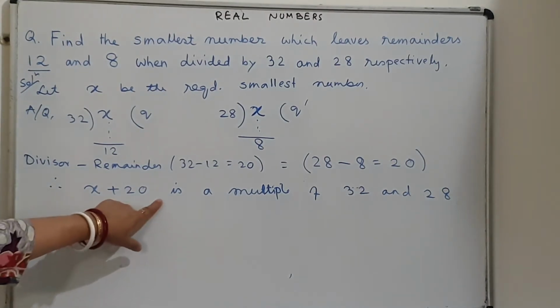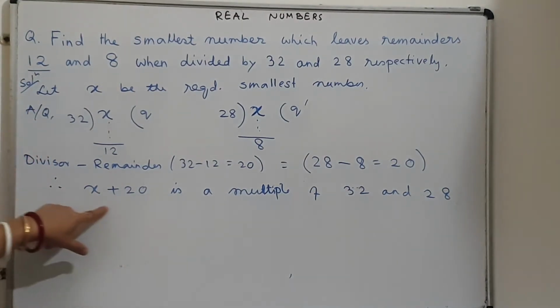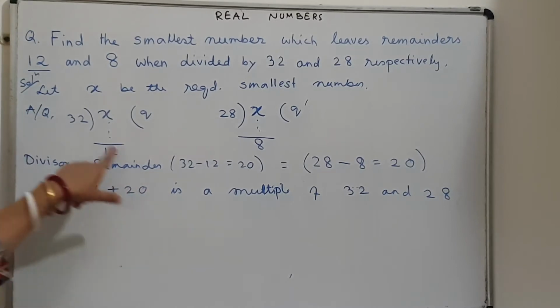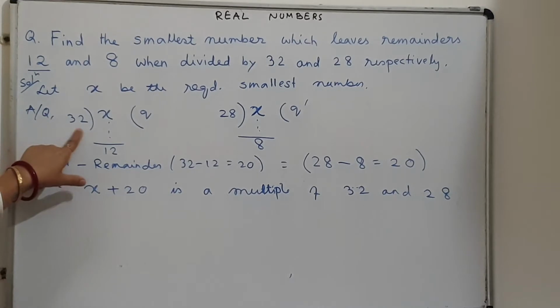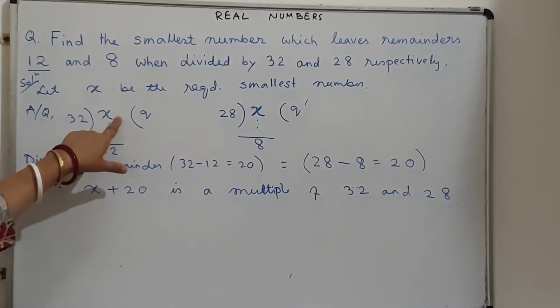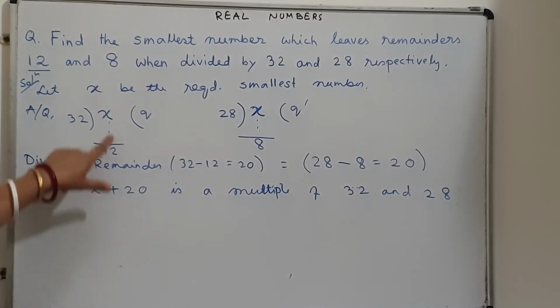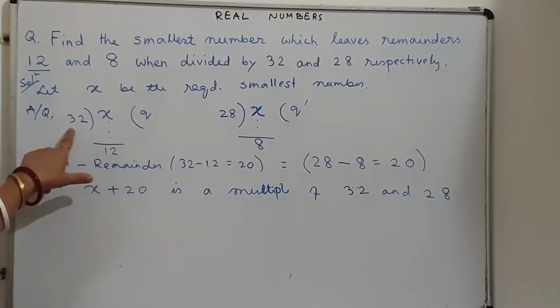This is the main thing that you have to understand. How do you get multiples of the divisors? Simply by adding the difference of the divisor and remainder to the dividend, or to the number. Then that number will be a multiple of the divisors.